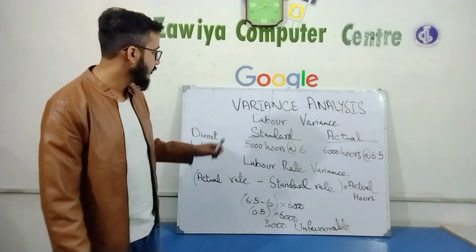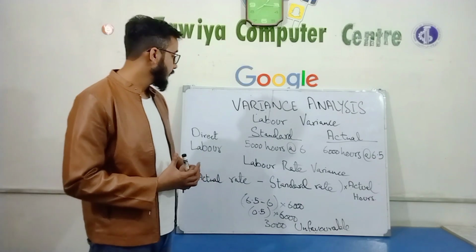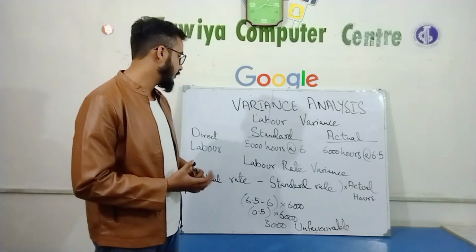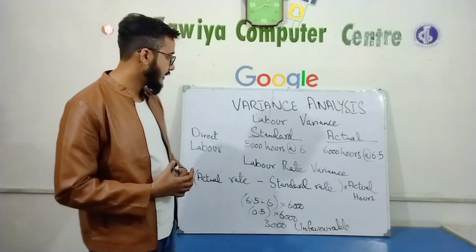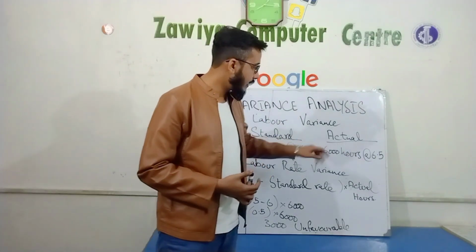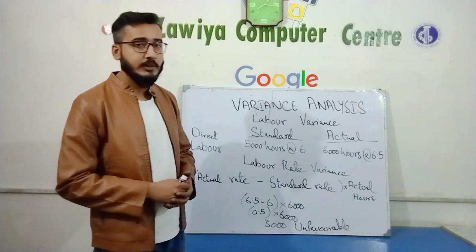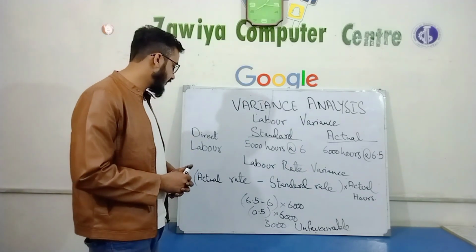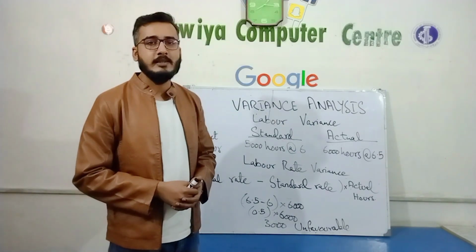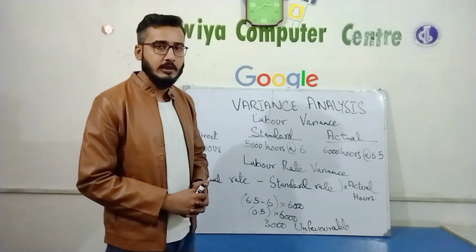Okay, so we have labor variance and we have a question that standard labor hours are 5,000 at the rate of 6 and actual are 6,000 hours at the rate of 6.5. So we have labor rate variance, and the labor rate variance has a formula: actual rate minus the standard rate, multiplied by actual hours.